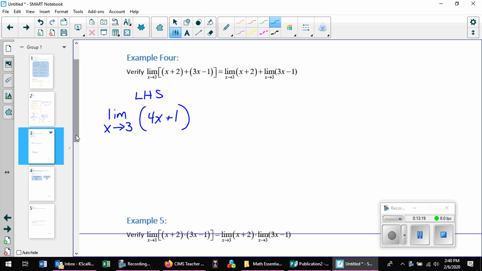Right? 4x plus 1. And then I'm going to do direct substitution, because again, there's no indeterminate, there's no denominator. So I'm going to do direct substitution into here. So the limit of this is going to be 13. 12 plus 1.